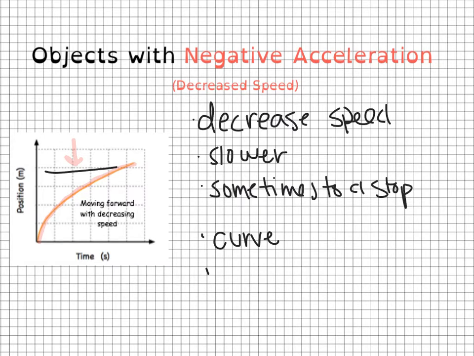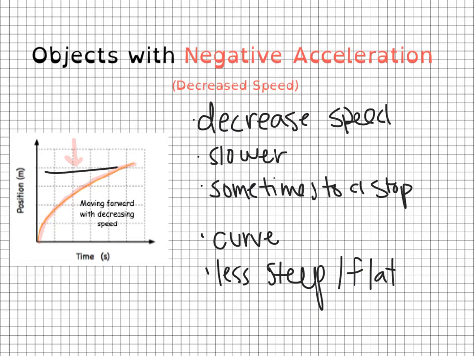Okay, so we talked about its steepness. When you're looking and comparing the two, a negative acceleration line is going to be less steep. It's going to be flatter. And if you are comfortable with math, that would be a lower slope, lower number for your slope.